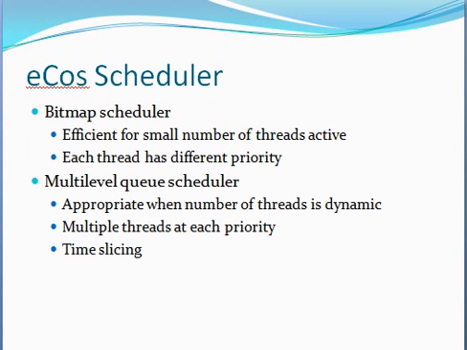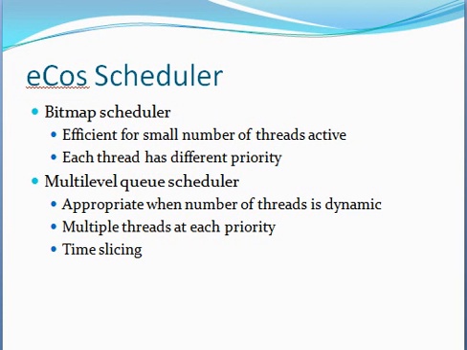Next concept is the eCos scheduler, in which I will be discussing the bitmap scheduler and the multi-level queue scheduler. The eCos kernel can be configured to provide one of two scheduler designs, the bitmap scheduler and the multi-level queue scheduler. The configuration user selects the appropriate scheduler for the environment and the application.